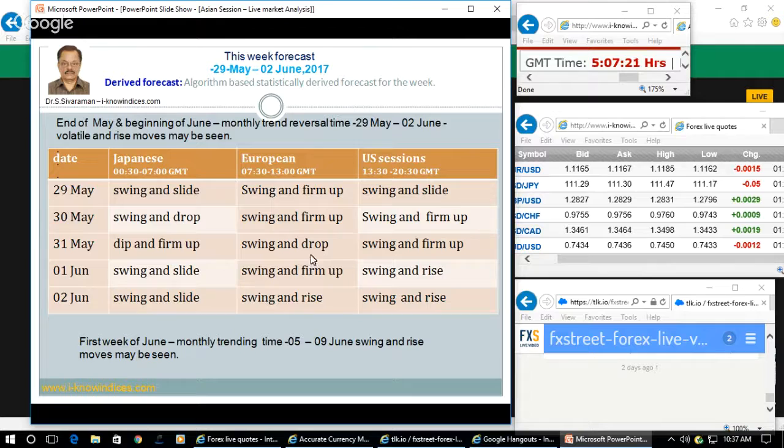And next week onwards, we'll come across very aggressive gain in the market to reach the recent high and also hold high and build sell positions, and then drop again to buy back.